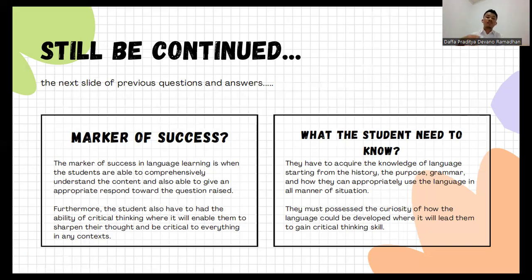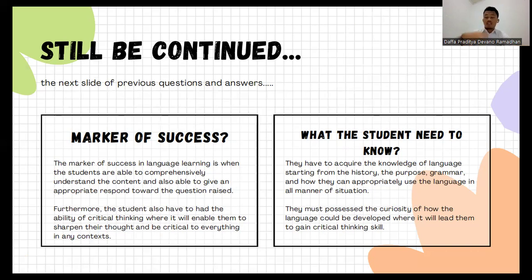So they basically have to acquire knowledge of the language, starting from the history of the language they learn, and then the purpose of why they have to learn this language, either because it is internationally used, or because of business. This is one of the business languages, so they could easily chase their dreams to a global company, where they could adjust themselves to the language used within the company.